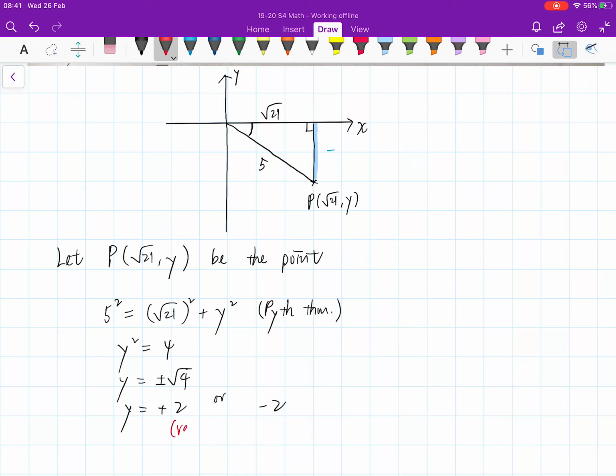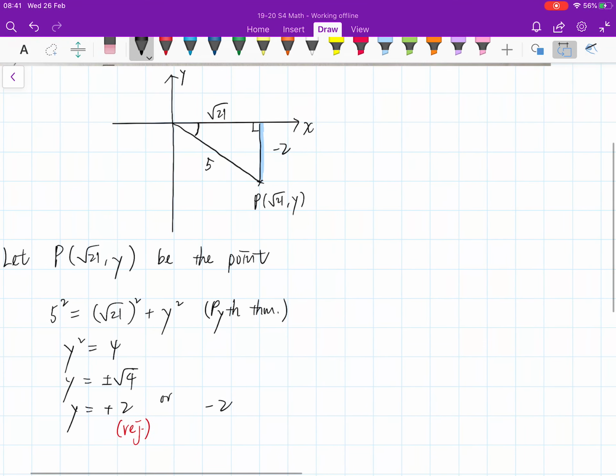We have to reject the positive value, because we want a negative value for the y length, for the vertical length. So therefore, I will put the value back into the triangle, negative 2.